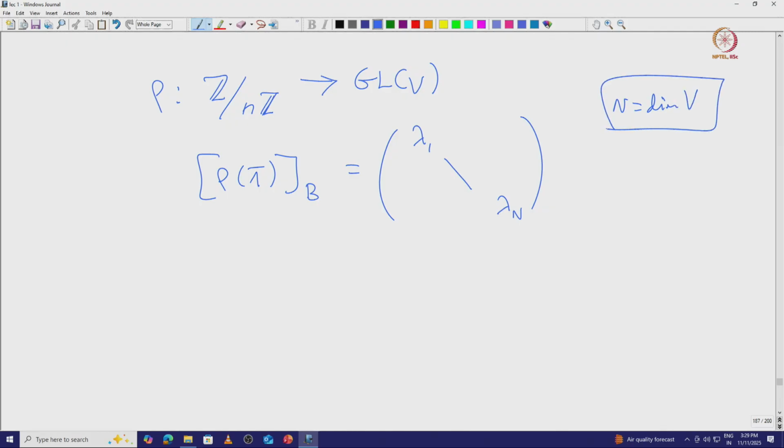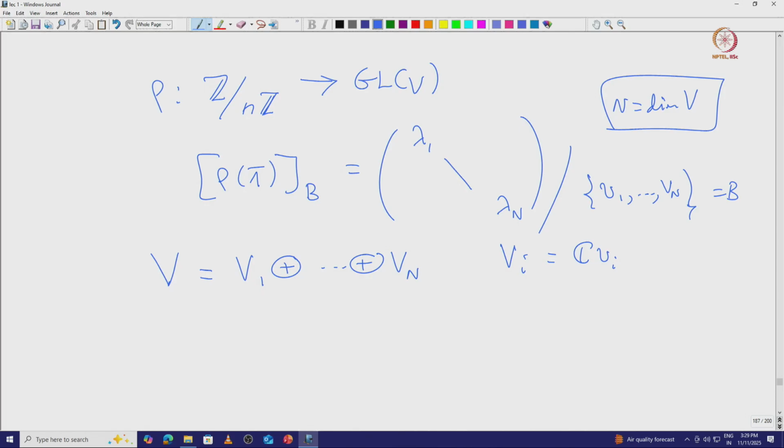So, now given this information we could get the decomposition of V into irreducible factors, where V_i is just the span of small v_i and this v_i comes from capital B.